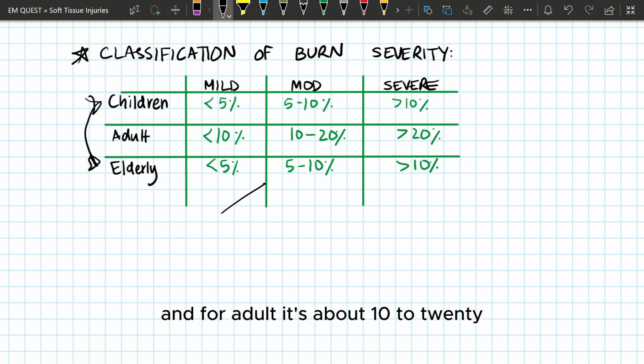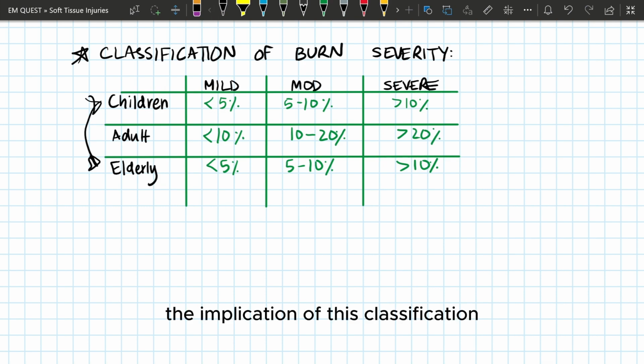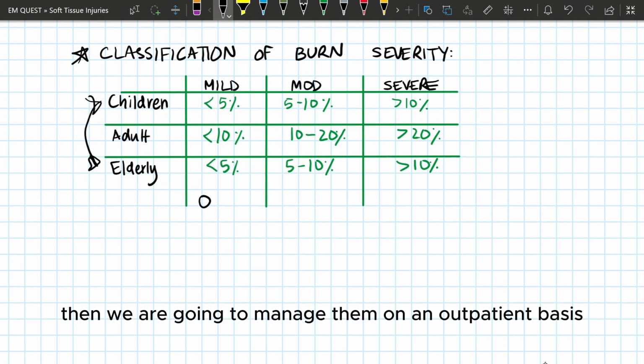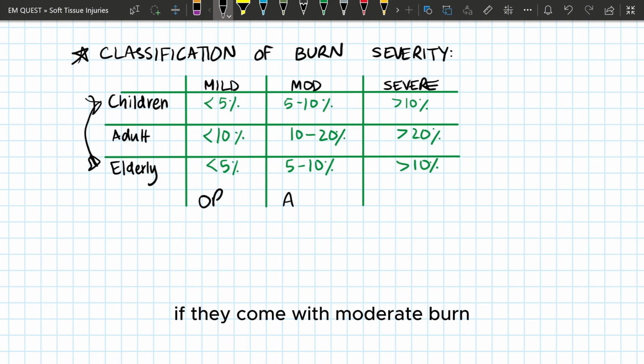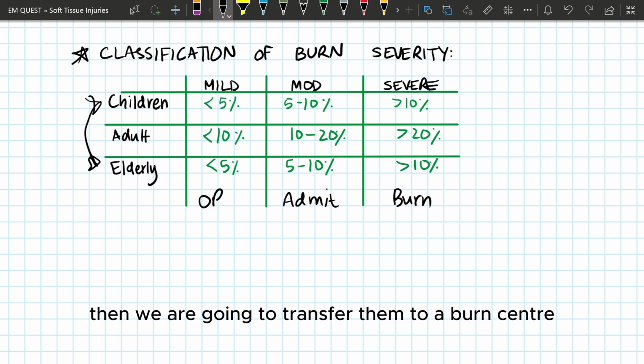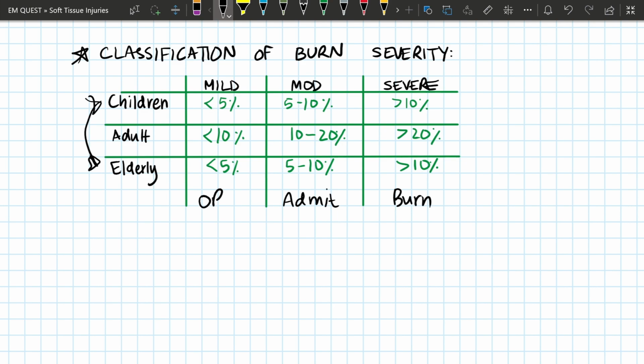For adults, it's about 10 to 20. The implication of this classification is in the management. If they come with a mild burn, we manage them on an outpatient basis. If they come with a moderate burn, we admit them. And if they come with a severe burn, we transfer them to a burn center.